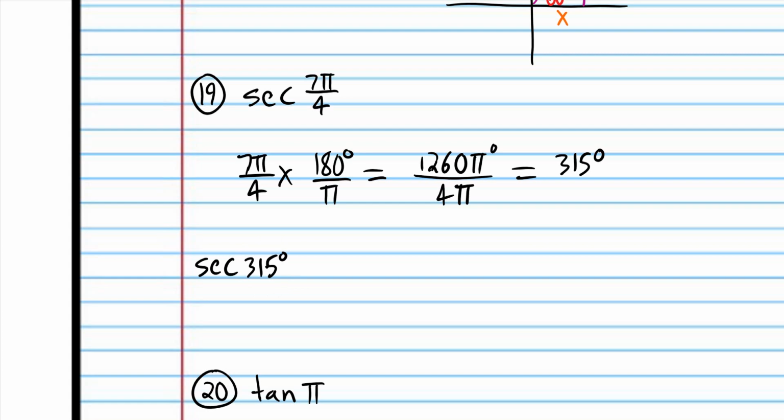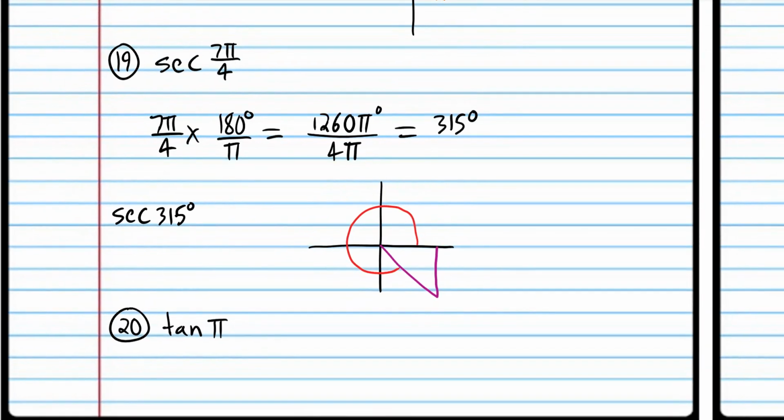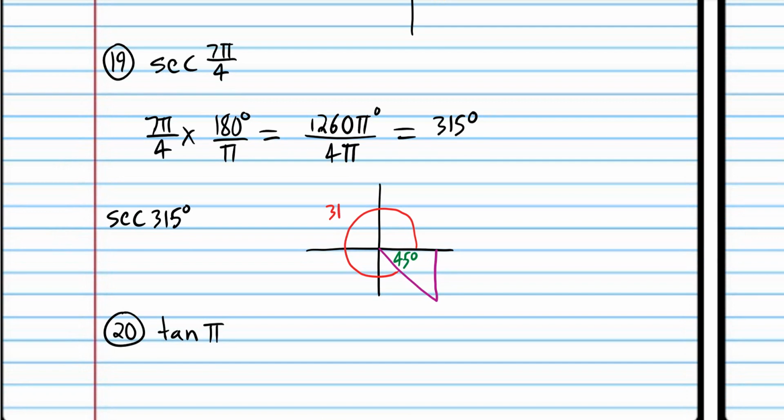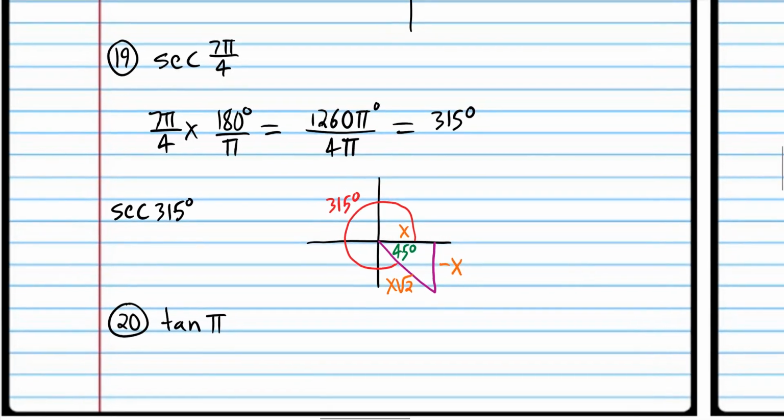Now that angle is going to be in the fourth quadrant. So let's draw some axes to help us. So we're going to rotate all the way around until we get to the fourth quadrant. And the reference angle is 45 degrees, which means obviously that the sides are going to be x, negative x. Be sure you write negative x, negative x, because that side is below the x-axis.